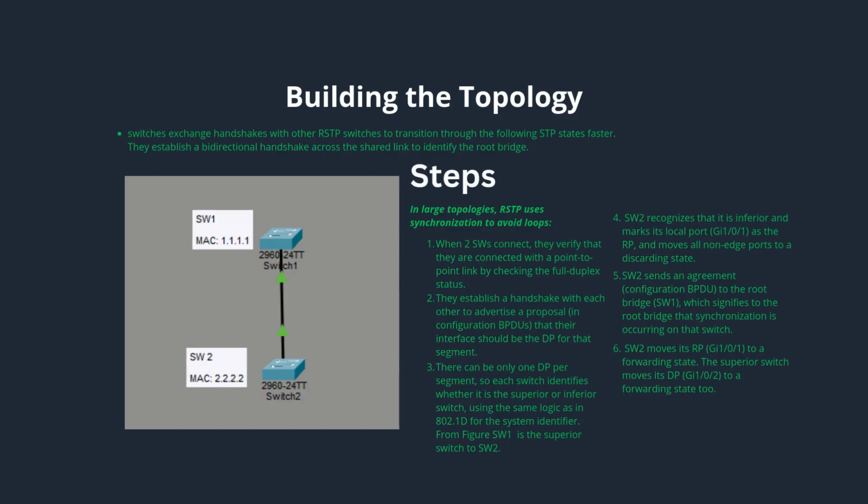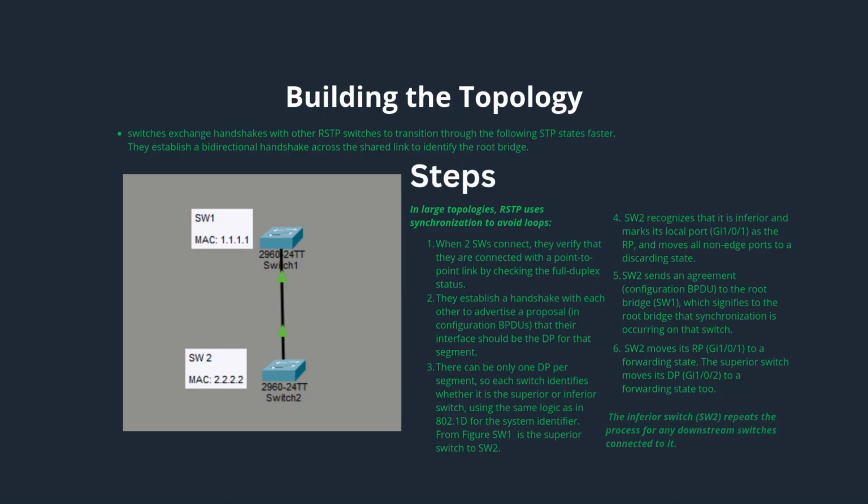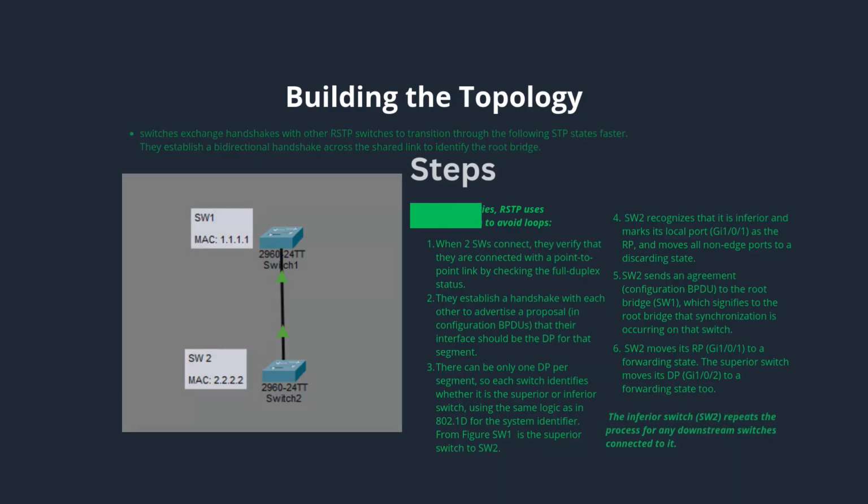Switch 2 moves its RP, Gi1/0/1, to a forwarding state. The superior switch then moves its DP, Gi1/0/2, to a forwarding state too. The key takeaway: the inferior switch, switch 2, repeats the process for any downstream switches connected to it. This cascading synchronization is what makes RSTP so fast.